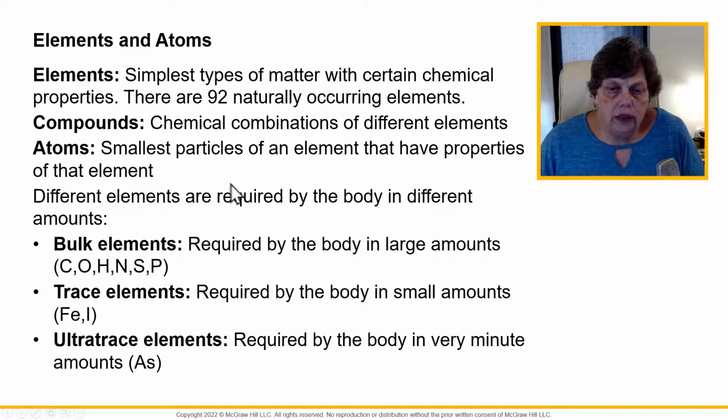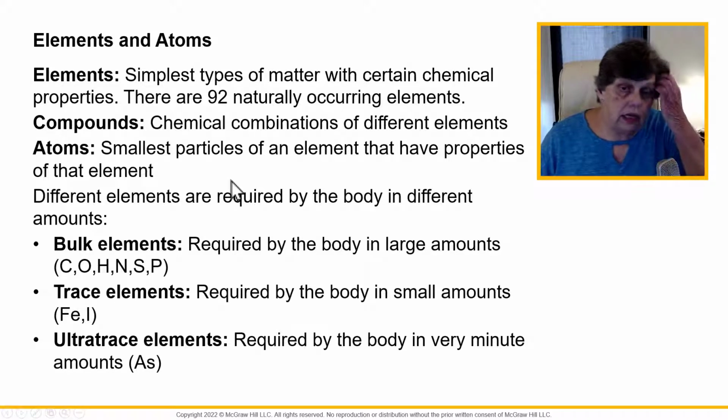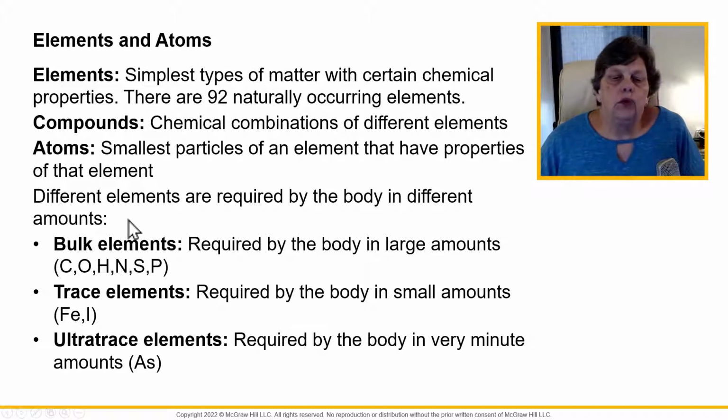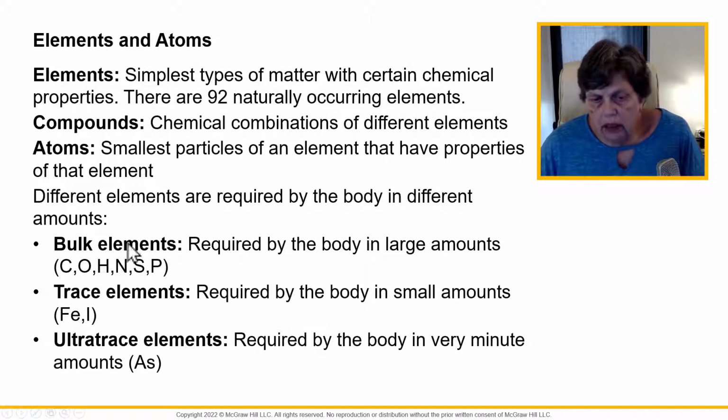Now, these elements are made up of atoms, and each element has a different number of particles in its atom, and we're going to be going over that. We also have elements that are required for the body, elements that we need constantly.